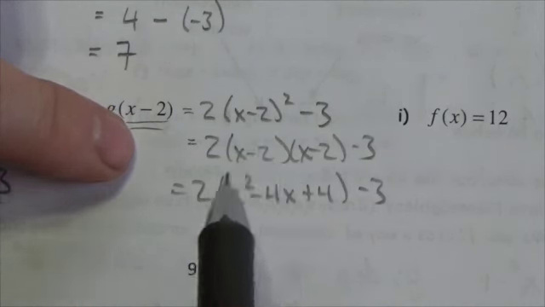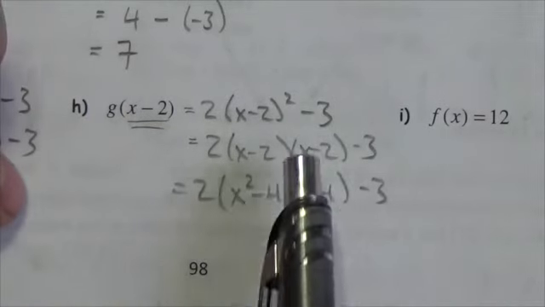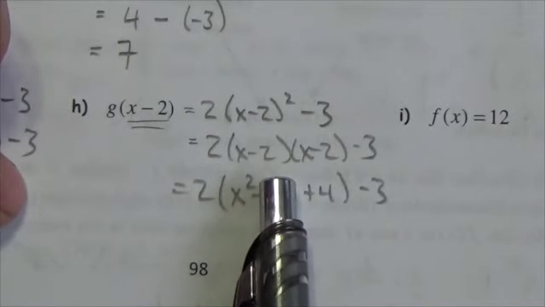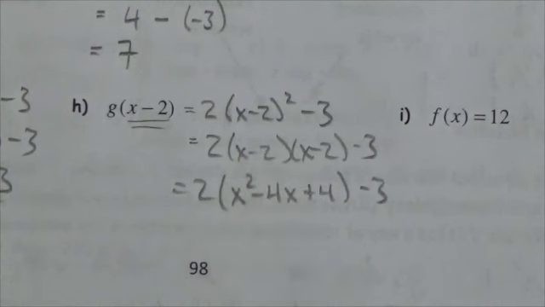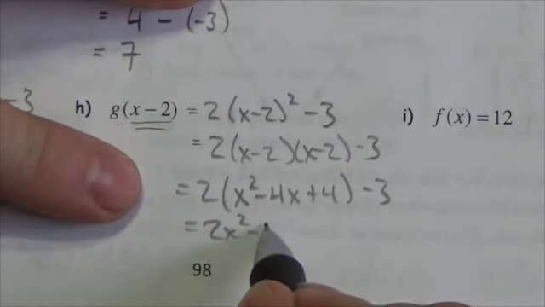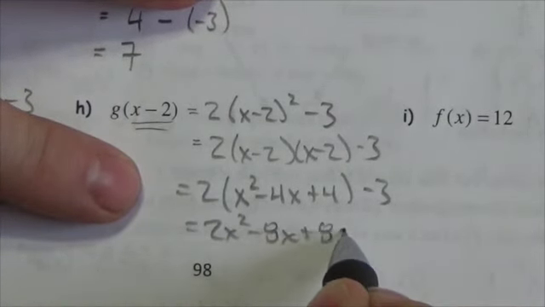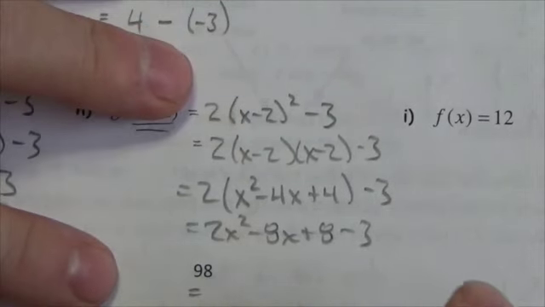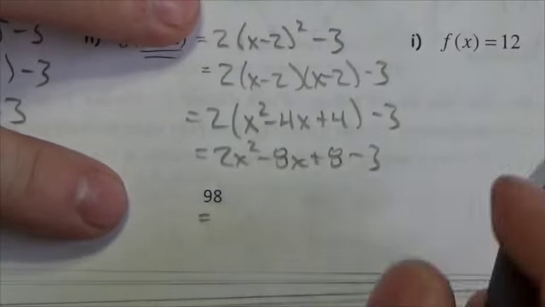If you're the person who consistently makes that x squared and then just squares the 2, you've got to figure out a way to get past that because that's wrong. And now you would distribute the 2 through, make this 2x squared minus 8x plus 8 minus 3. And now we've got like terms at the back here with the constants.